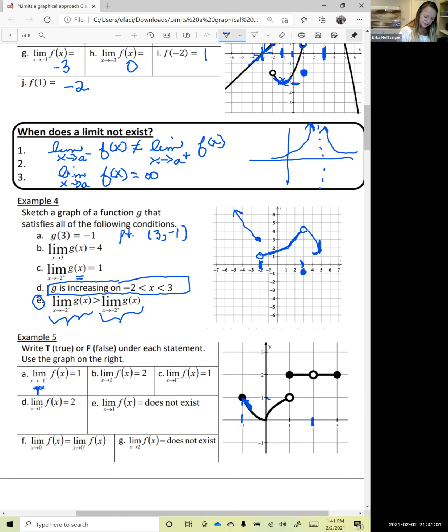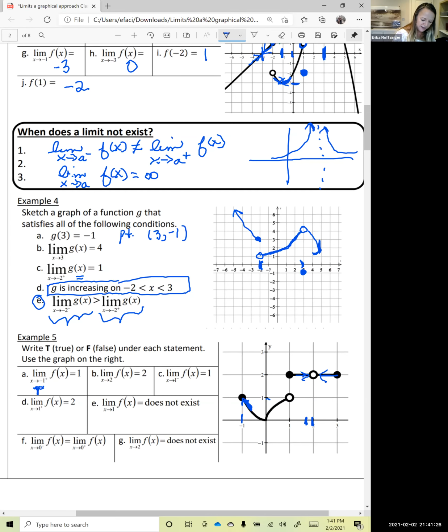If we're approaching 2 from the left and the right, there is an open circle there, but is that y value getting closer and closer to 2, even though that's our open circle? For instance, if I chose 1.7, that's to the left of 2 and close to 2.